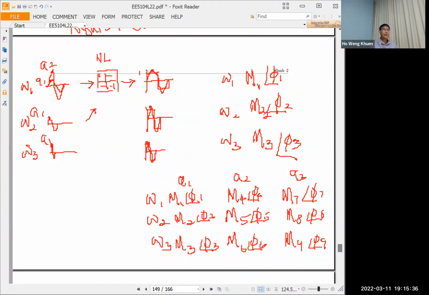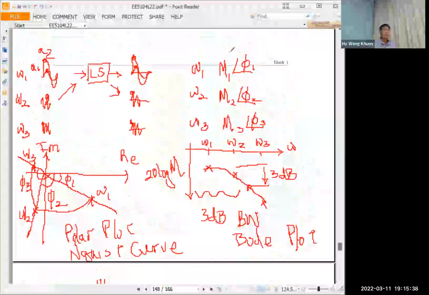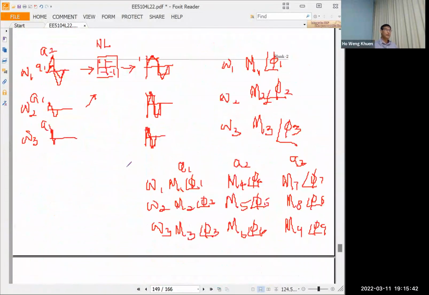Just like I draw these 3 points. For here, I draw these 3 points, I get these 3 here, so I can do. So let's do. So this is real.